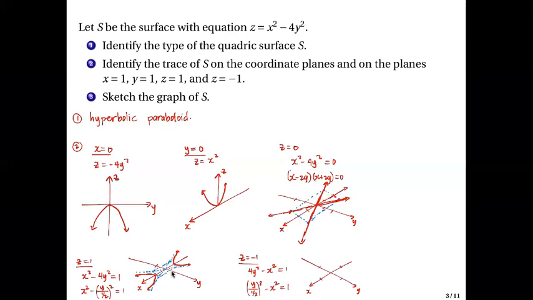So again, we have a rectangle here, the same size as the one in here. And then let's draw the asymptotes of the hyperbola in here. And now the hyperbola will be much wider.